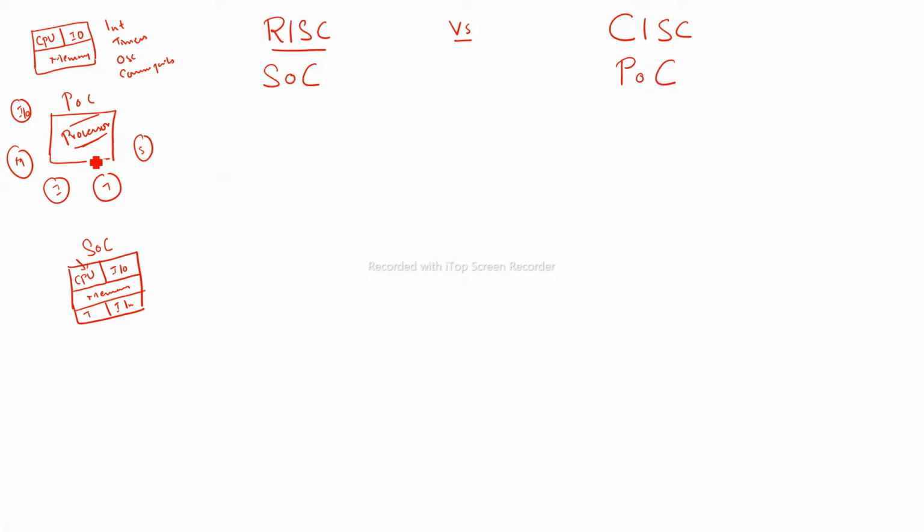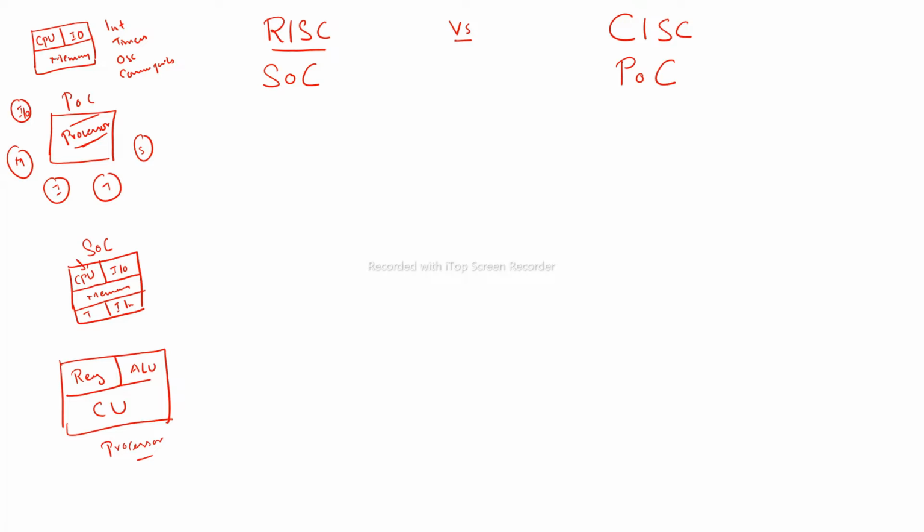Now if you look at the processor, the major components are the register section, the ALU section, and the control unit. The control unit of course contains the decoder part also. When we design a processor, these three components have to be designed.